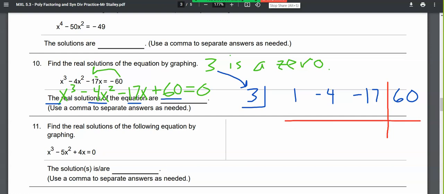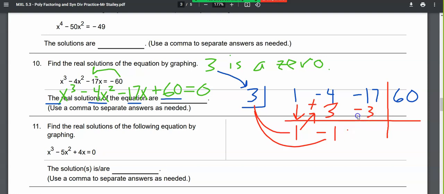Now we put the horizontal line with the blank space. Drop the 1 below the line. Multiply. Put that above the line. Add. Negative 1. Multiply. Negative 3. Put that above the line. Add. Multiply. Negative 60. Add.